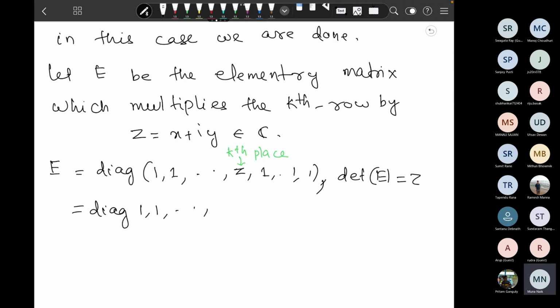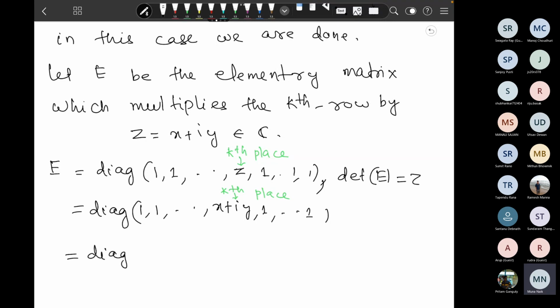Now I will write this as the diagonal of 1 1 1. I will write Z equal to x plus iy. This is equal to 1 1 1, and Z is in the kth place. So I will write that in a plus ib form.